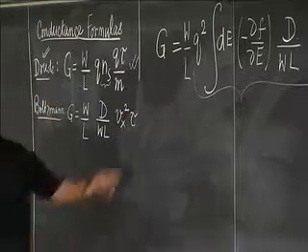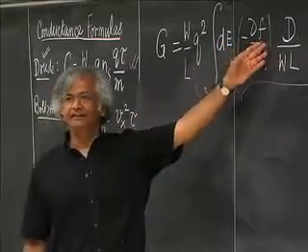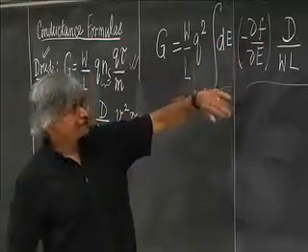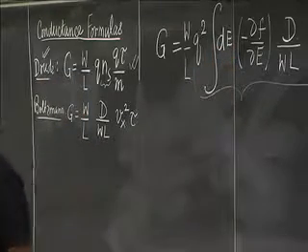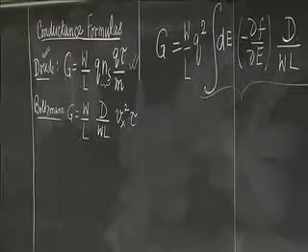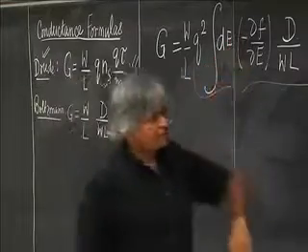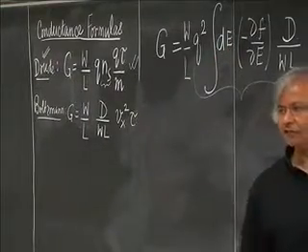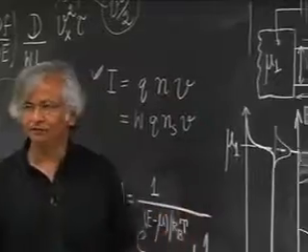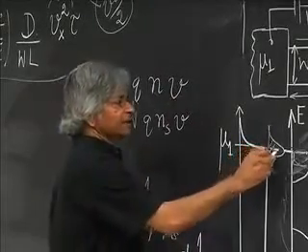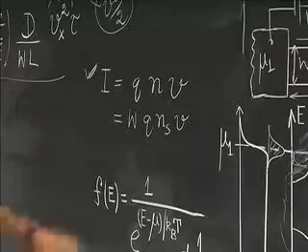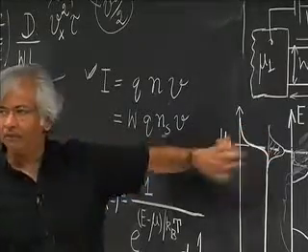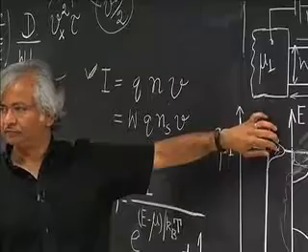You see, this has an integral and all that in it. Now, for this discussion, I'm simplifying it by saying, let's assume this temperature is low enough that that derivative is almost a delta function right here. What you can show is that the area under this curve is always 1. So in that sense, no matter what the temperature is, that area is 1, and if it's very sharp, you can think of it as a delta function.